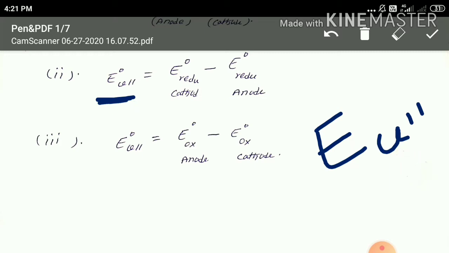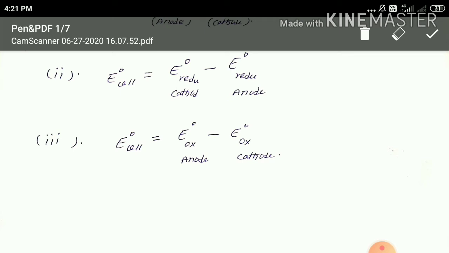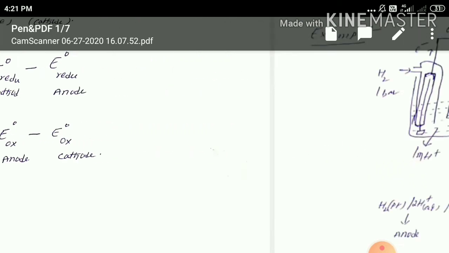Next, now I am going to discuss how to calculate the electrode potential of different unknown cells with the reference of the standard hydrogen electrode.